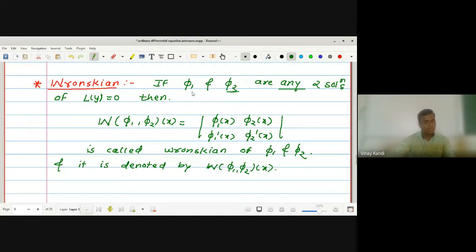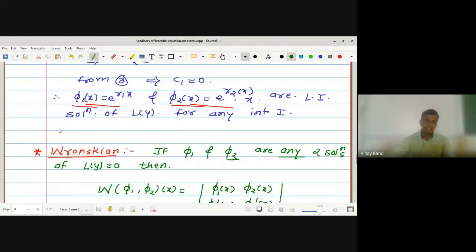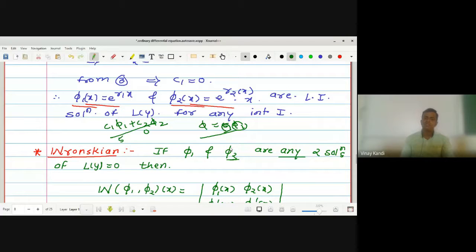We have already said that if phi 1 and phi 2 are solutions, then their linear combination is also a solution, and their scalar multiple is also a solution. The linear combination is C1 phi 1 plus C2 phi 2, which is also a solution of L of y. Suppose I take C2 equal to 0, then phi 2 will not appear, and take C1 as 5. That is why it says any two solutions.